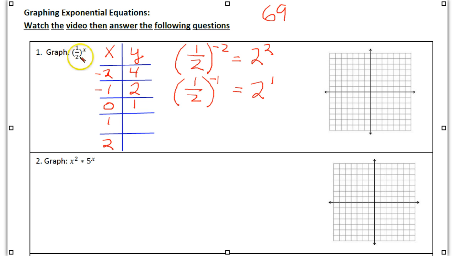And then 1/2 to the first power is 1/2. 1/2 to the second power is 1/4. So we get a series of points that we're now going to plot. So after carefully plotting them, we see our curve that I can sketch in now.